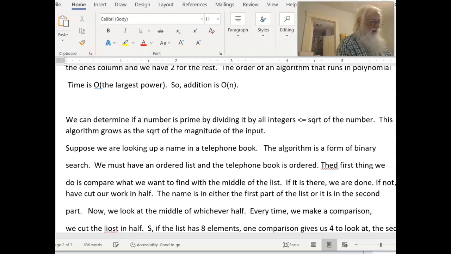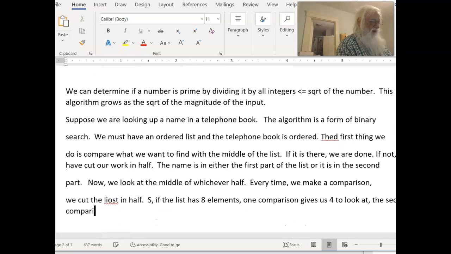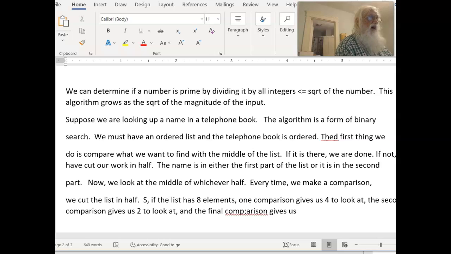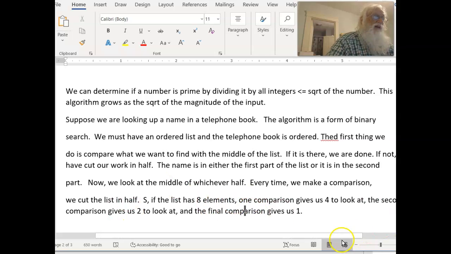The second comparison gives us 2 to look at. And the final comparison gives us 1. So we get down to 1.